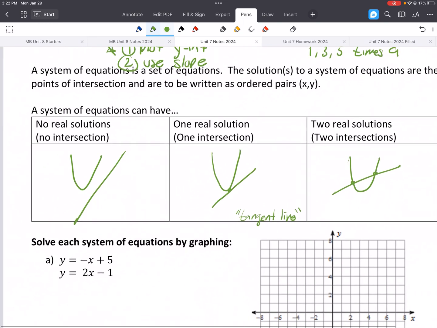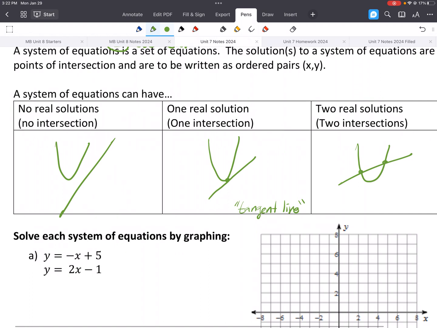All right, and then just a reminder, we talked about this in our previous lesson with solving systems by substitution, that there will always be either no real solutions, and that's when the two equations, those two lines or parabolas, don't touch or cross.